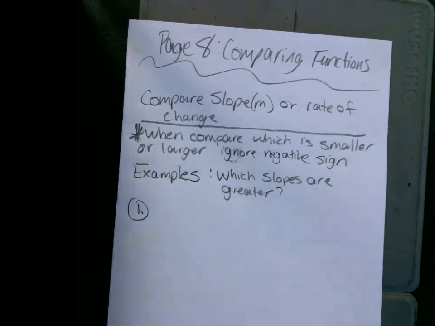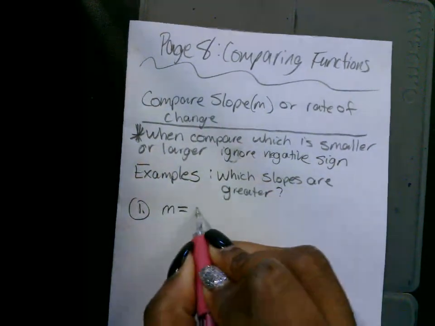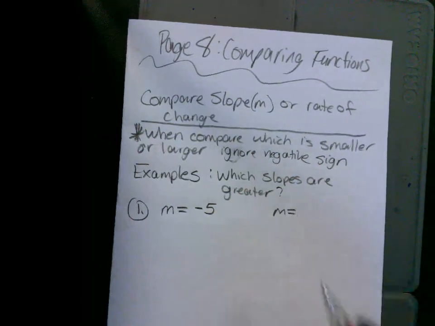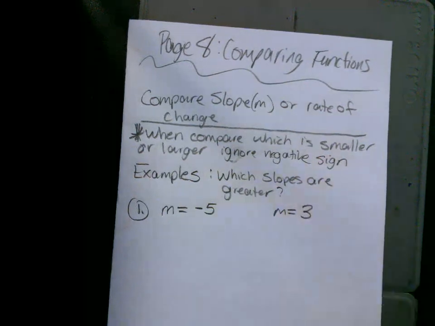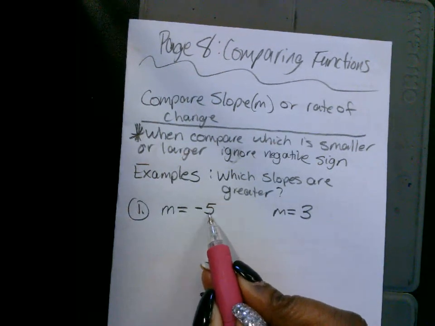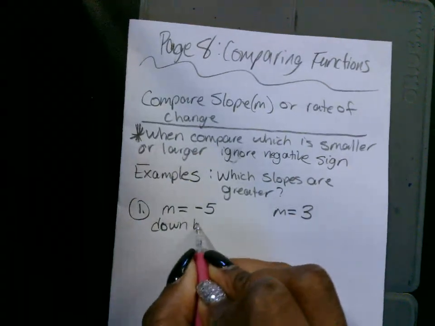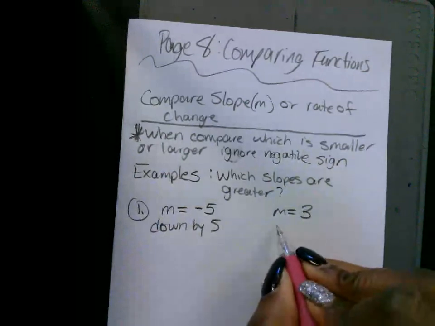All right, so in the first example, the slope is -5, and the other slope is +3, okay? This slope is going down by 5. This slope is going up by 3.